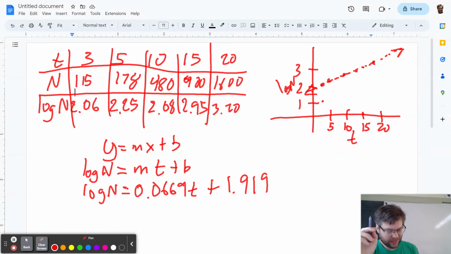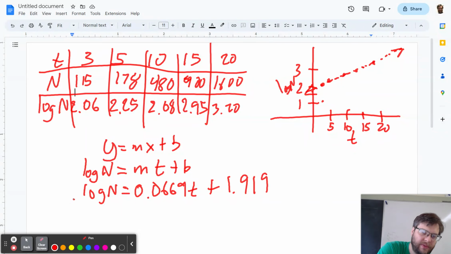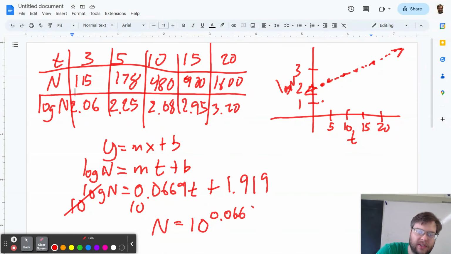Now, of course, it's weird to say log n equals this, so I'm going to convert this to n. I'm going to raise both sides as the power of 10. So what that means is now n equals 10 raised to the 0.0669t plus 1.919.